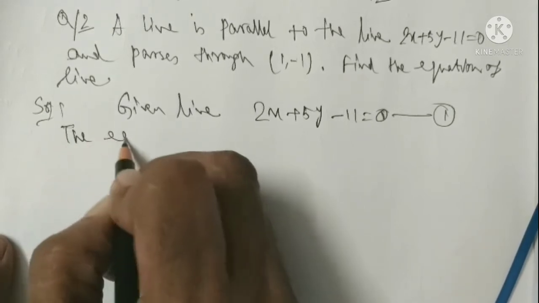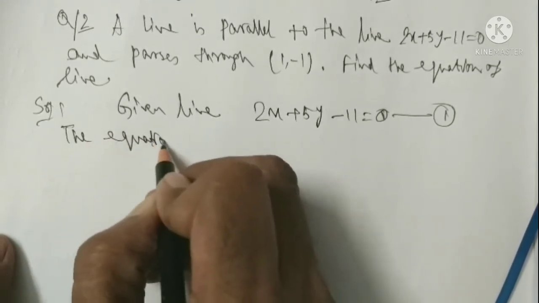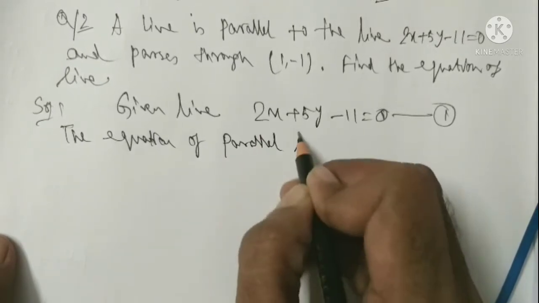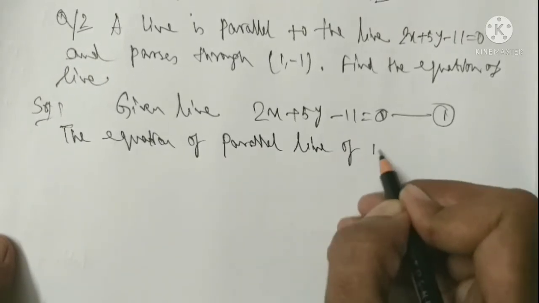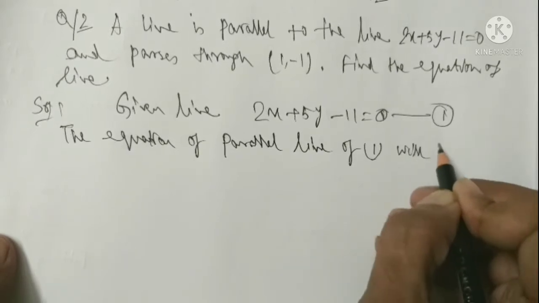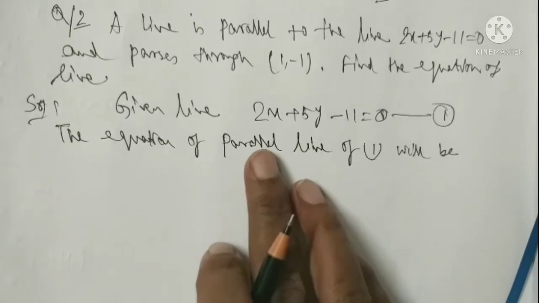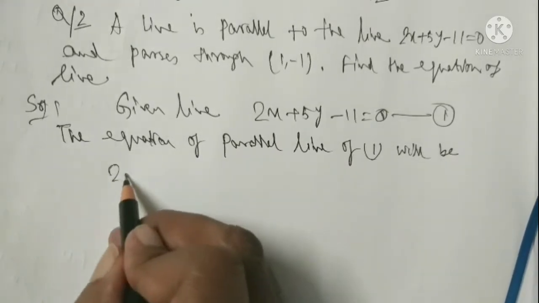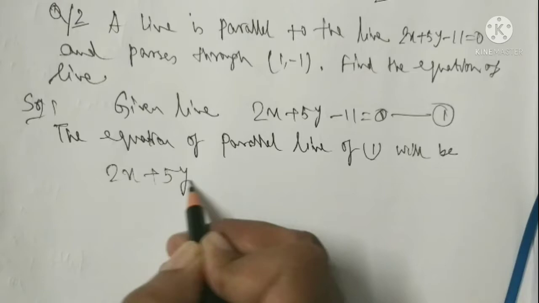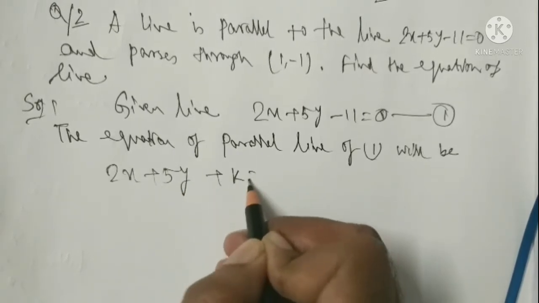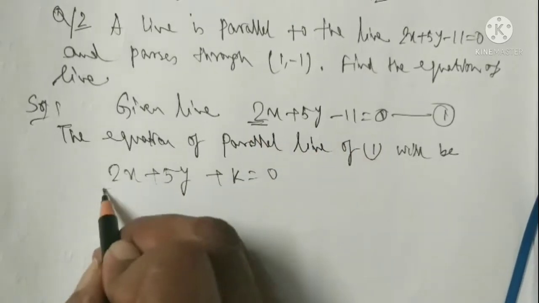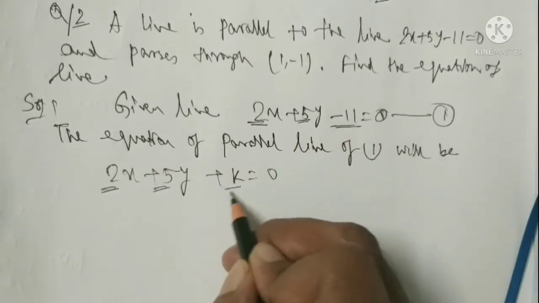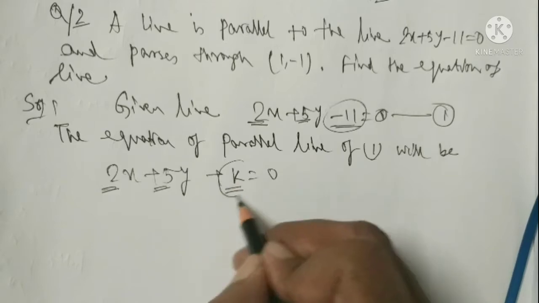The equation of the parallel line of 1, according to our formula, will be 2x plus 5y plus k. This is A, this is A, this is B, this is B, this is C, this is K. This part is changed here.